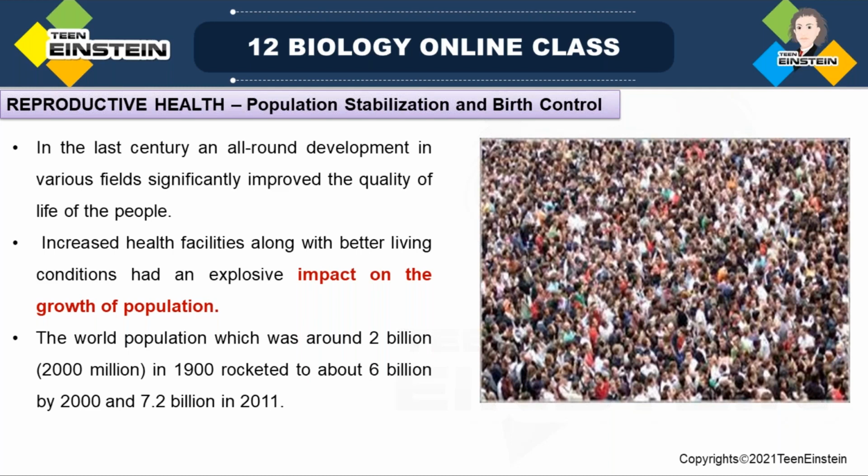The world population, which was around 2 billion in 1900, is now around 7.2 billion.